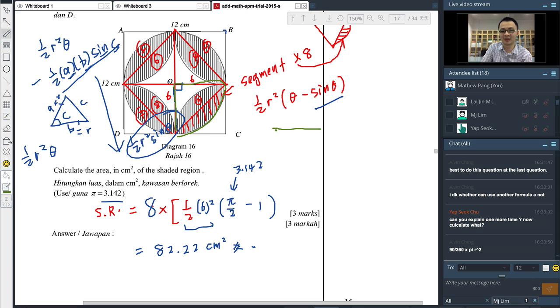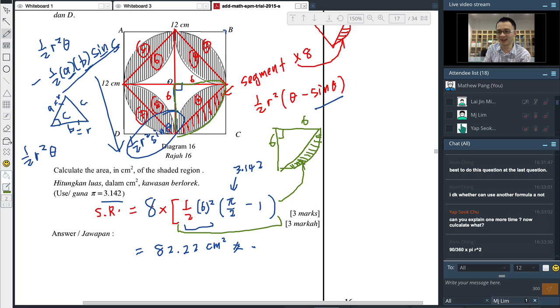So I have this sector which is 90 degrees here, and then I'm trying to find this segment. This is 6, this is 6, this is 90 degrees. So my idea is whatever inside here is to find a segment, and then multiply 8 because here we have 8 segments. So I hope I actually answered your question, Seokju.